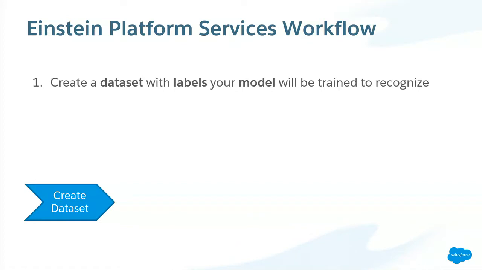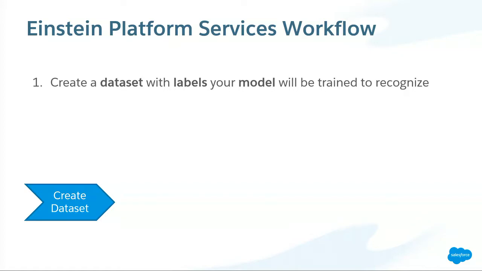But you can also create your own data set and train them. The data set consists of inputs and outputs. The inputs are the examples that you're going to be using.